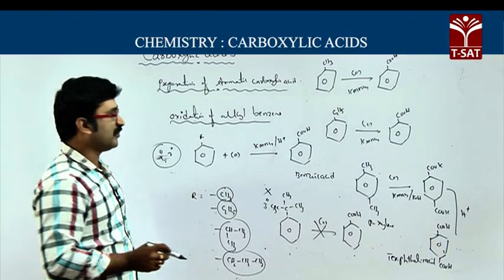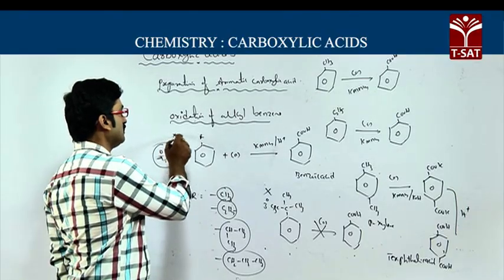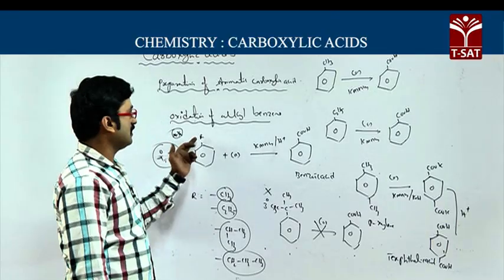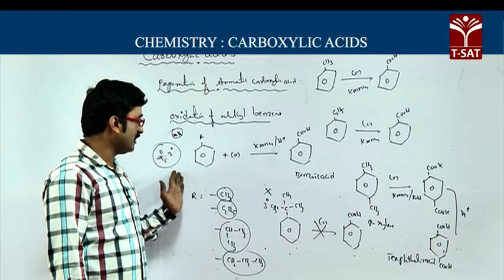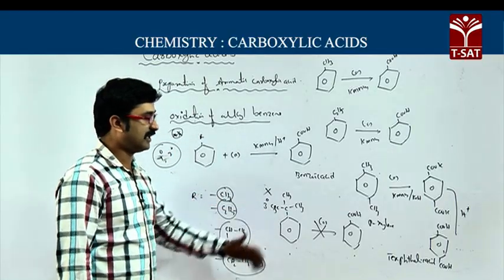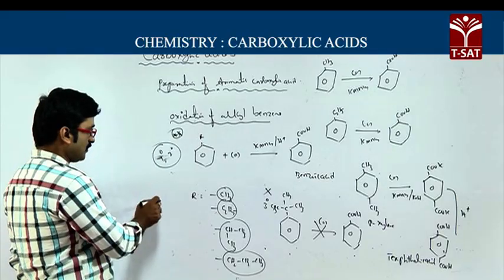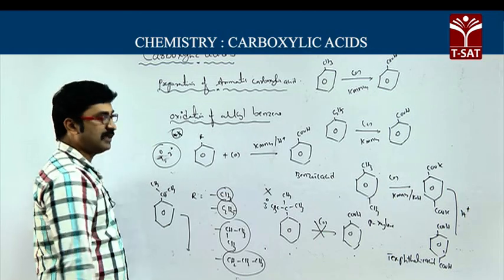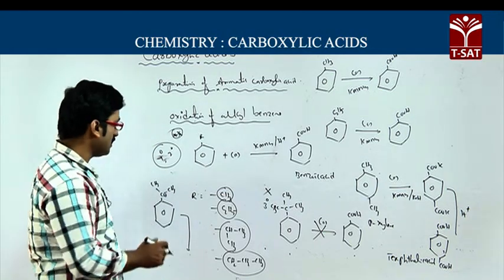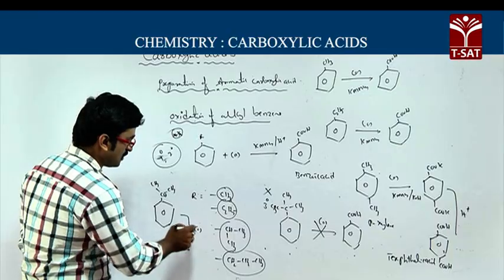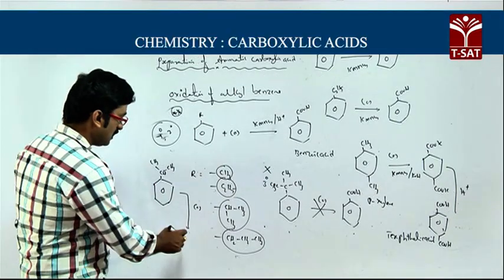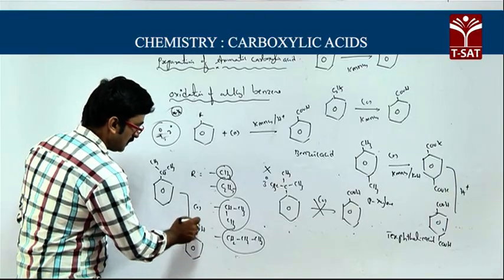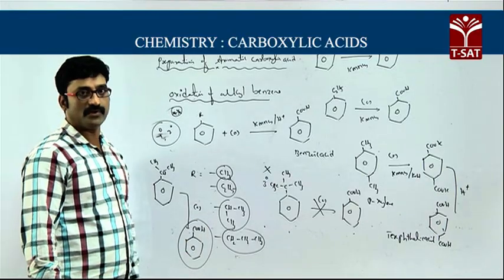In the examination there is a possibility of a question on this topic, oxidation of alkyl benzene, and the alkyl carbon should be either primary or secondary, but not tertiary. And if you take cumene, isopropyl benzene, which is known as cumene, on oxidation in the presence of KMnO4 you also get the carboxylic acid known as benzoic acid.